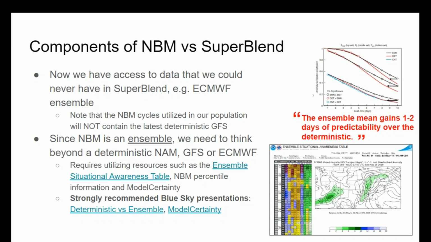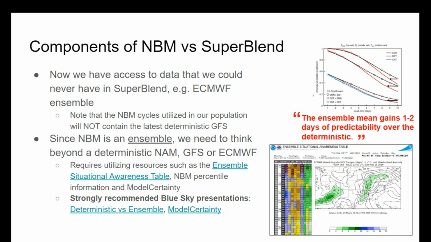And talking about ensembles, the NBM is an ensemble. So I think we need to think beyond the deterministic NAM, GFS, and the European. And since it's an ensemble and we can't view all of its individual components, we're going to have to utilize resources that go beyond, some of them beyond AWIPS.